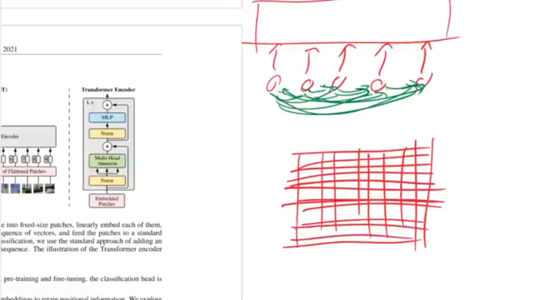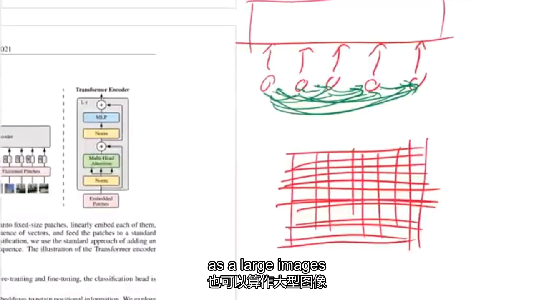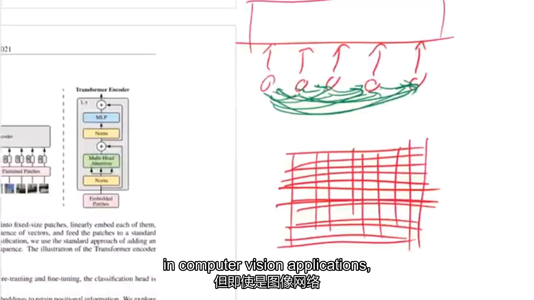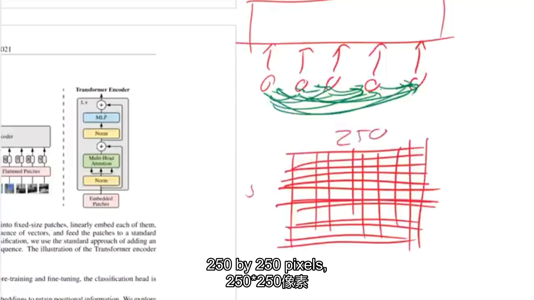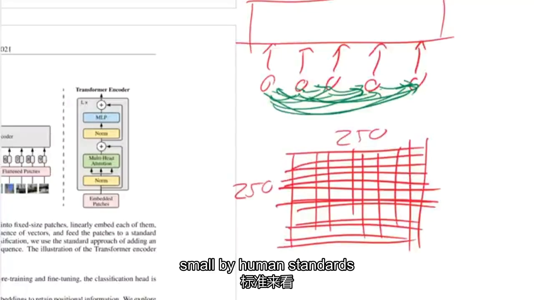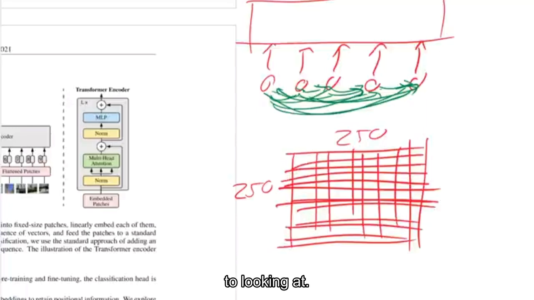So usually, ImageNet counts as large images in computer vision applications, but even the ImageNet images are like 250 by 250 pixels, which are small by human standards. We are used to looking at 1,000 or 2,000 pixel side length on a regular basis.